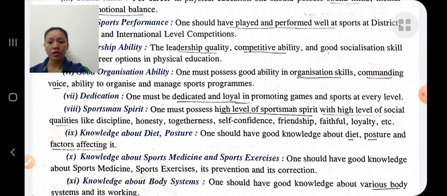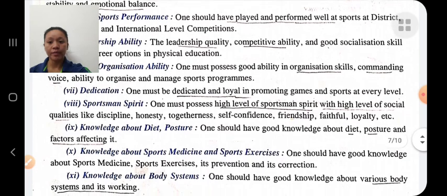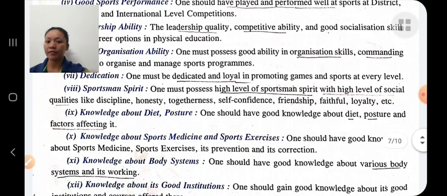In sports, one should have the sportsmanship spirit like honesty, togetherness, self-confidence, friendship, attitude, etc. So, for a career in physical education, you should have sportsmanship spirit so that you can cooperate with each other.